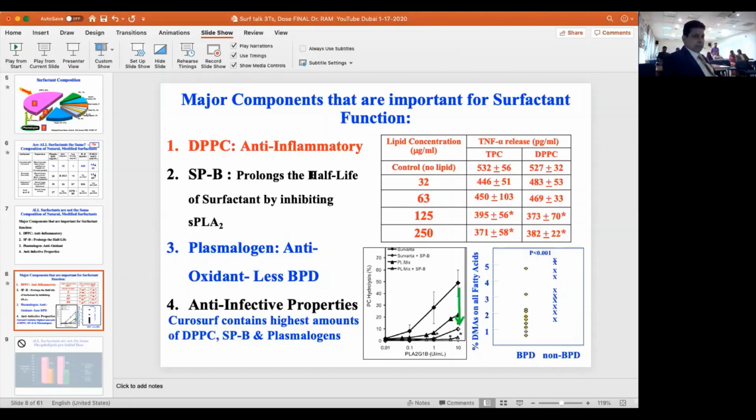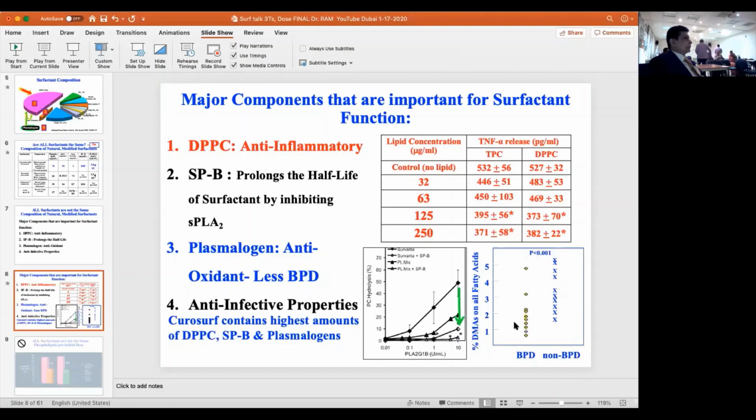SPB prolongs the half-life by inhibiting secretory phospholipase A2. And see here, if we add more SPB, you can decrease the breakdown of surfactant.